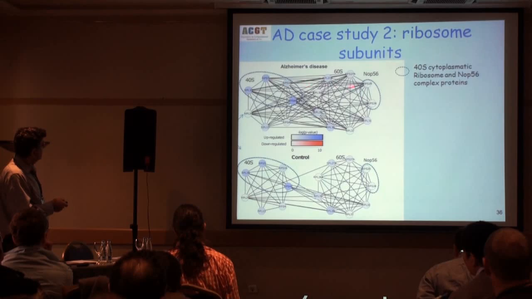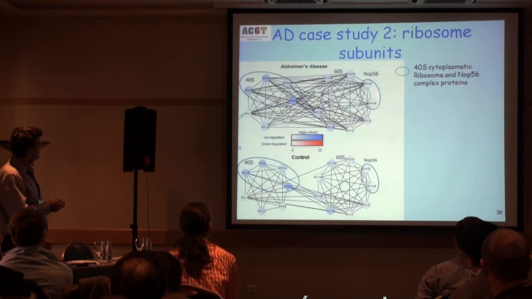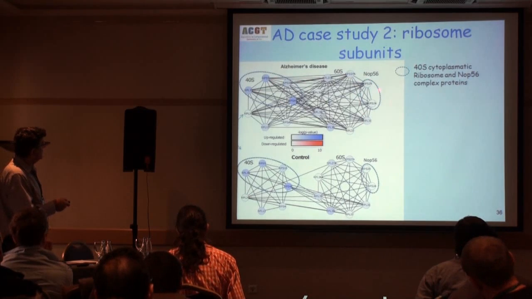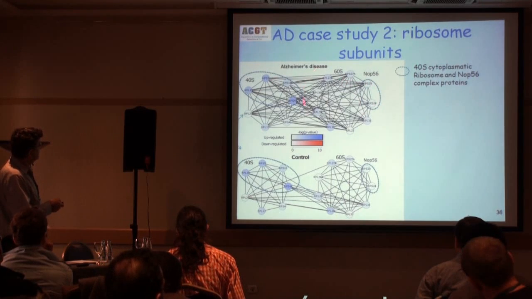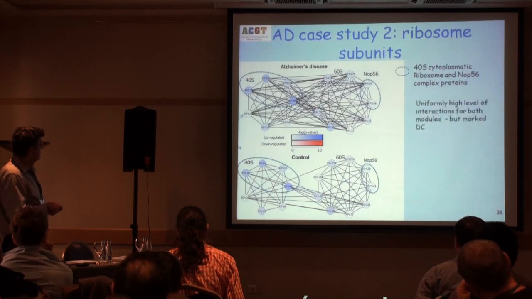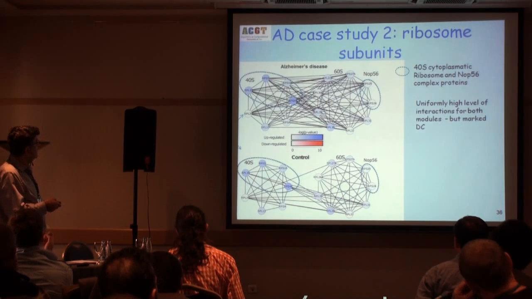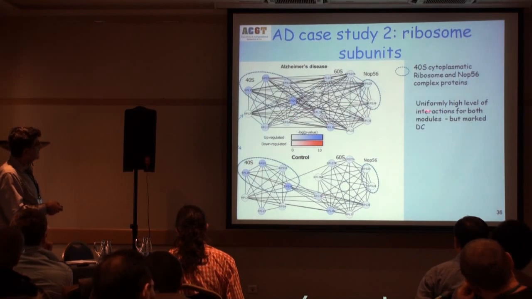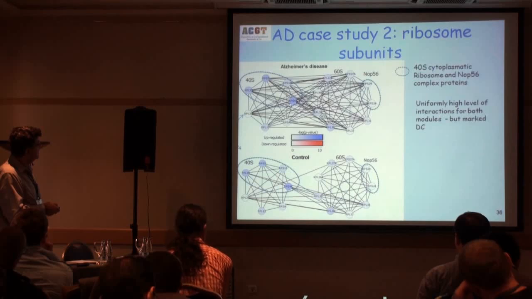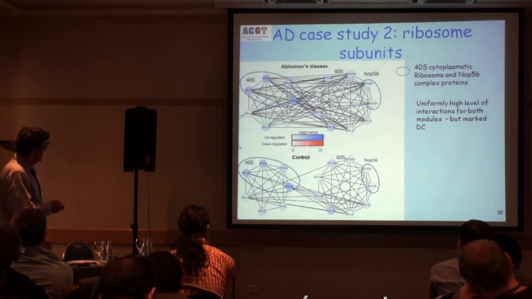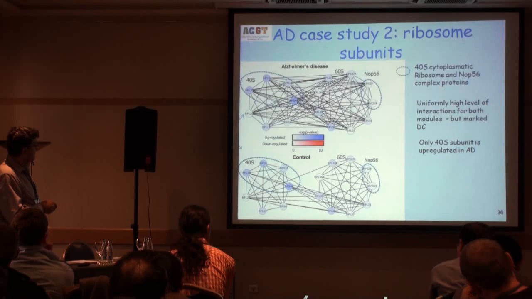The 40S elements of the ribosome come up on this side. The NOP56 come up on this side, and this is the part that is dominated by the 60S. So even though there's strong interaction in both modules, there is this very significant differential co-expression.